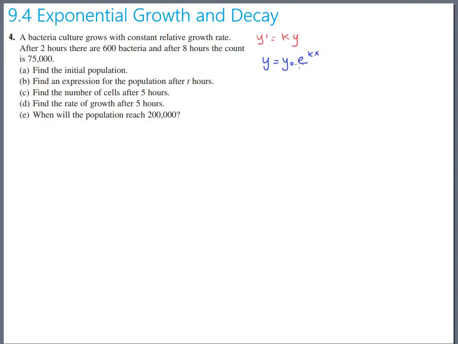So they're not actually giving us this initial amount, but we're going to have to figure it out. So we do know we have a couple points we can fill in. After 2 hours, there's 600. So 600 equals initial amount e to the growth rate times 2. And we also know after 8 hours, there's 75,000. So we've got another point here.